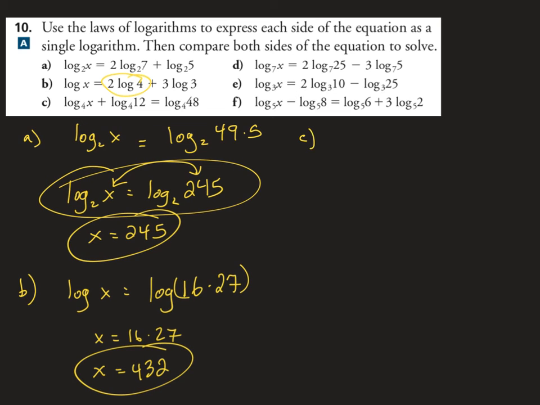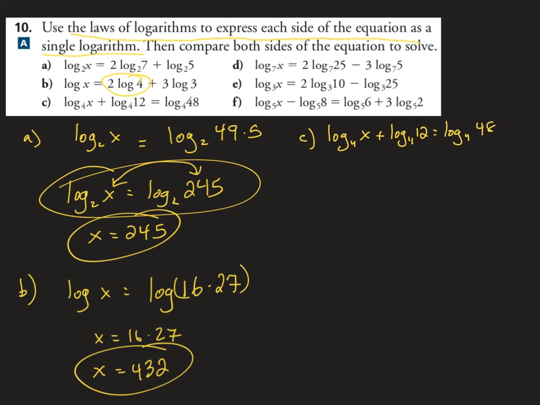All right, part C. Log base 4 of x plus log base 4 of 12 equals log base 4 of 48. What does it tell us to do? Use the laws of logs to express each side of the equation as a single log. So I guess I have to do that first.